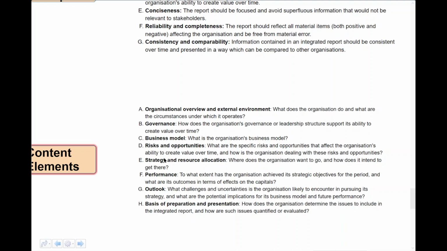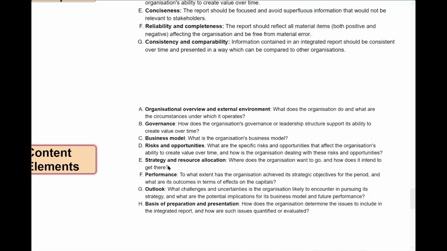In terms of strategy and resource allocation, obviously one needs to be careful in terms of disclosure of key or confidential information, or information that would provide perhaps a competitor with some sort of competitive edge. But the bottom line is that we need to talk about strategy. We need to talk about where the business wants to go and what resources it will use to get there.